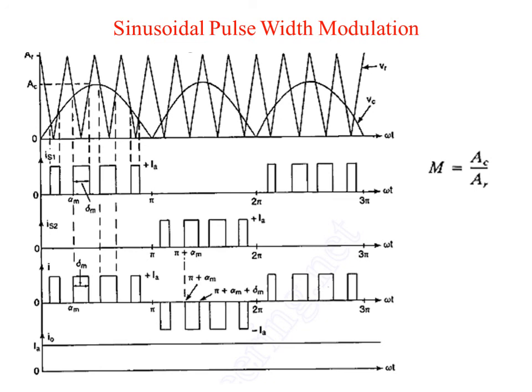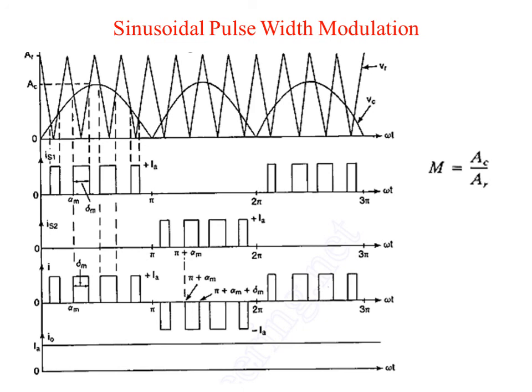In sinusoidal pulse width modulation control, the displacement factor, which is nothing but power factor, is unity. The lower order harmonics are eliminated or reduced. For example, with 4 pulses per half cycle, the lowest order harmonic is fifth, and with 6 pulses per half cycle, the lowest order harmonic is seventh.